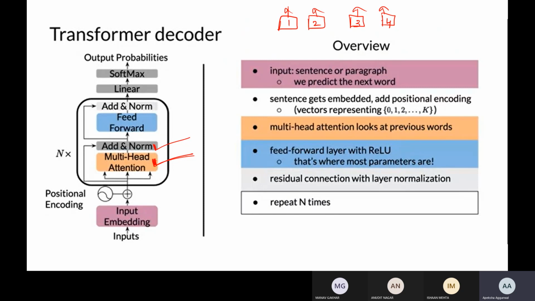So we will do normalization, and there is one residual connection. This we have also seen in deep learning, similar to ResNet, where we have residual connections, which we also call skip connections.